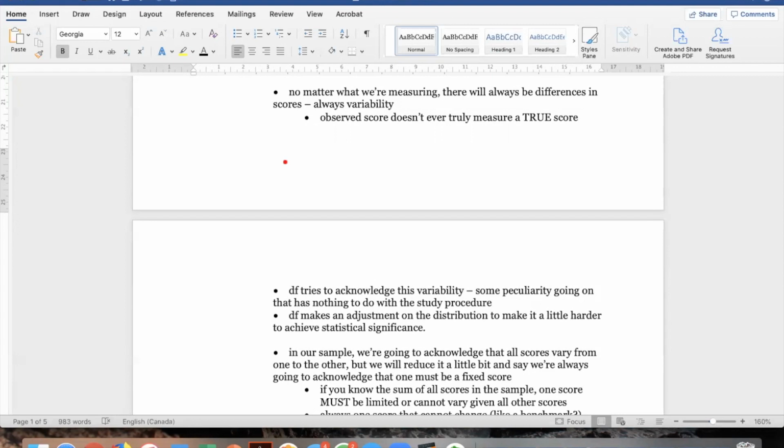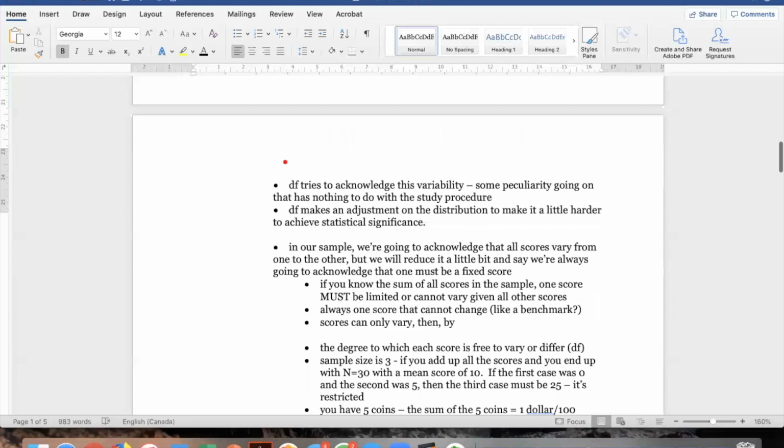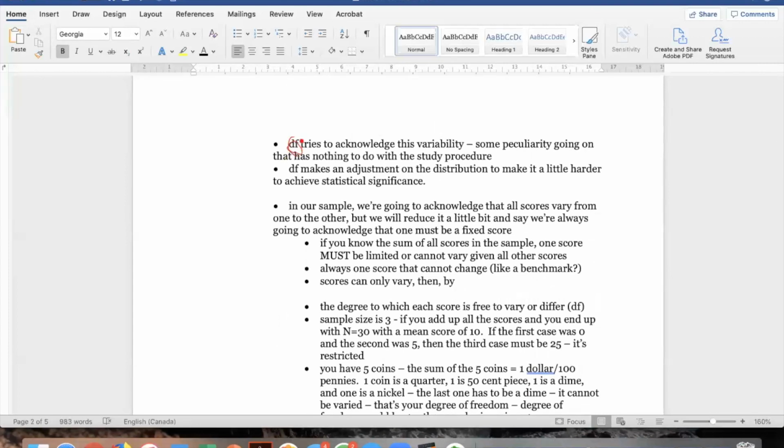When you observe a score, you measure that blood glucose and you get that score. You can't ever know, and we talked about this in research, that that's a true score. So degrees of freedom is just a concept that tries to acknowledge this kind of variability in the numbers.